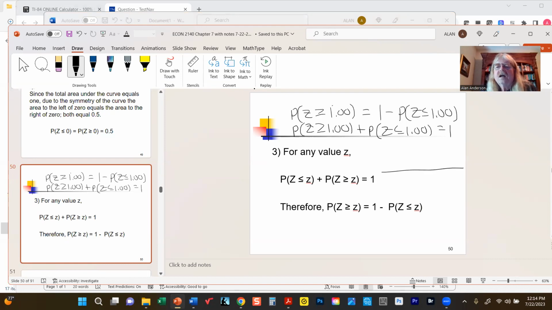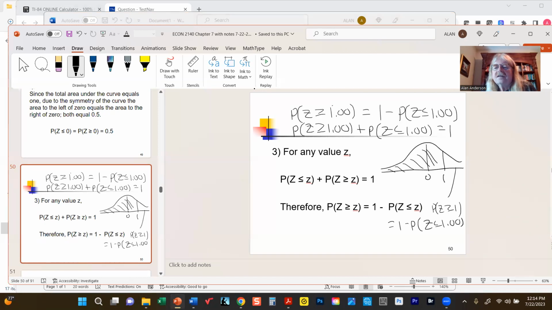So we did see this example earlier. This is on the table. This one is not. So if I need this probability of being above 1, I can simply rewrite it as 1 minus the probability that it's less than 1, and that is on the table.